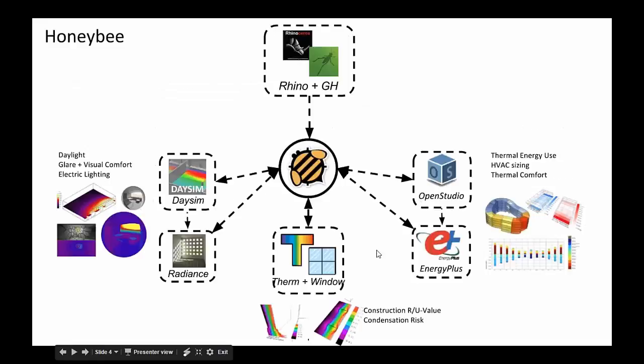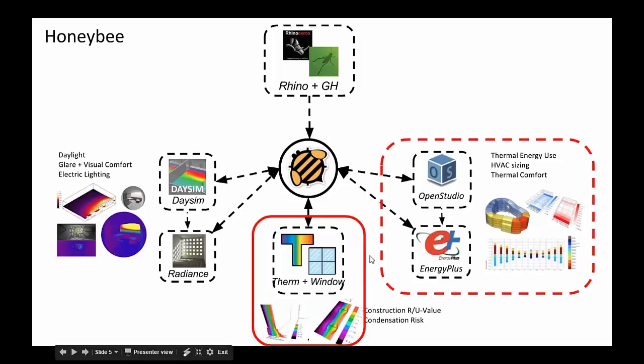Just so that you know the parts of the whole honeybee insect that we're working with today: again, just like last time, we're predominantly working with therm and window, the connection between honeybee and these two LB&L power tools. Power tools in the sense that they're very powerful, not actually like drills and hammers.